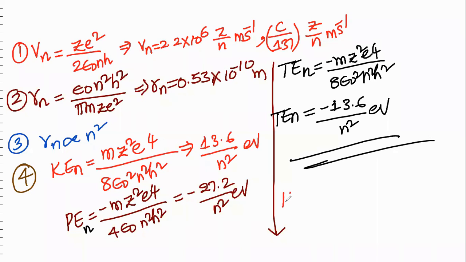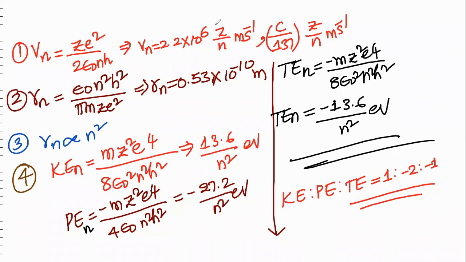Therefore, the ratio of the kinetic energy to the potential energy and the total energy is 1:-2:-1. Like this we will take. This is that energy, the total energy of the electron in the orbits.